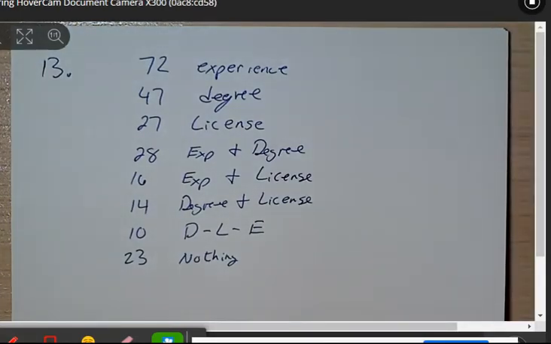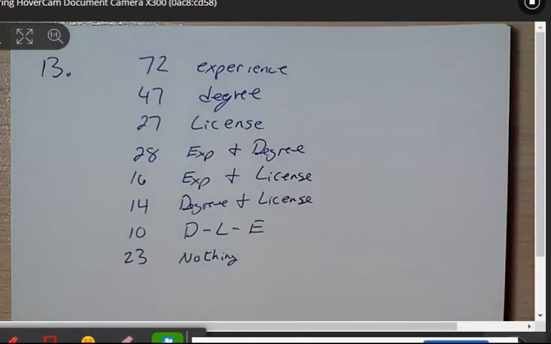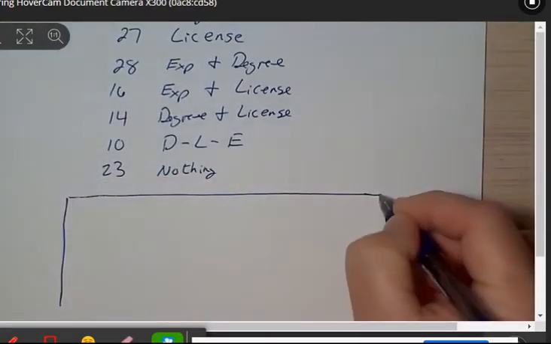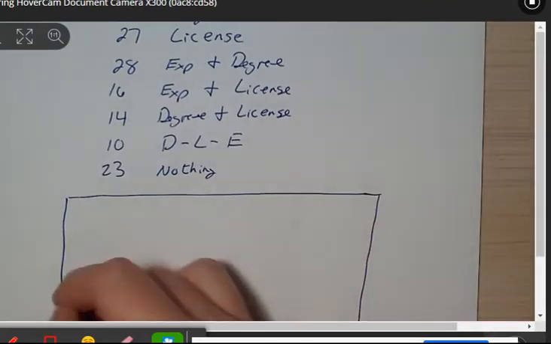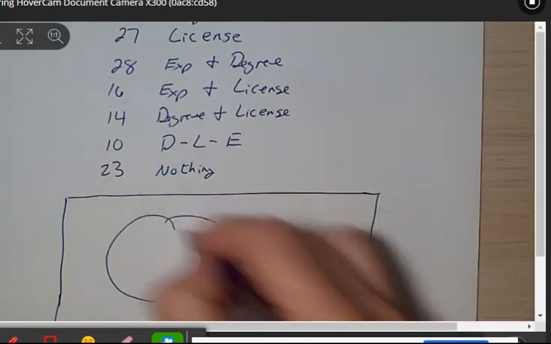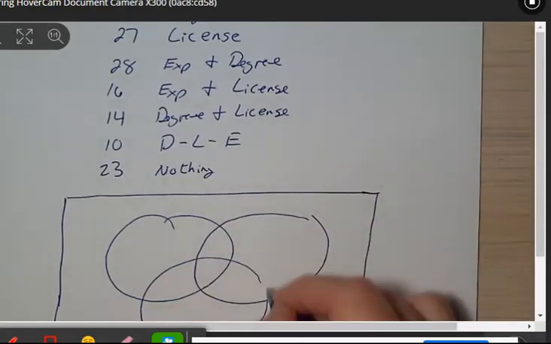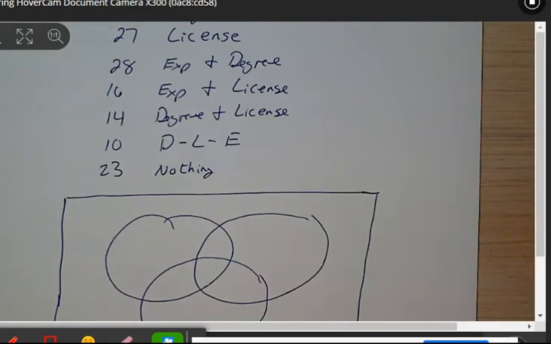Okay, and based on the numbers, from there you could draw your Venn diagram. And you had to have 3 circles. And you always start with what they had with all 3 in common. So starting in the middle with all 3 parts, that was 10.